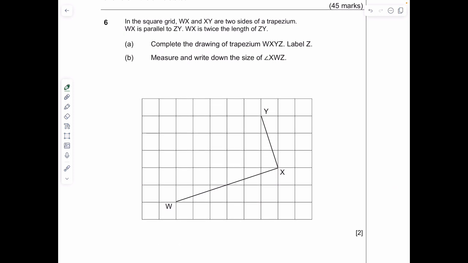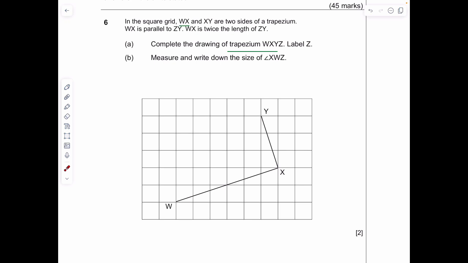Now, complete the drawing of trapezium WXYZ. We know that in a trapezium, there needs to be one set of parallel lines. It says here that WX and XY are two sides.